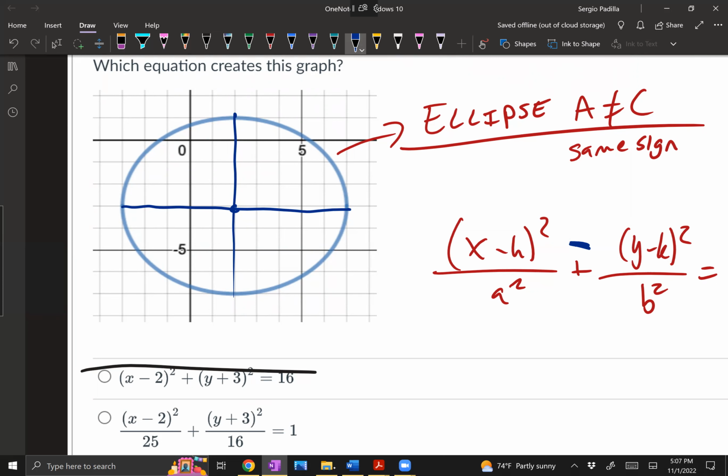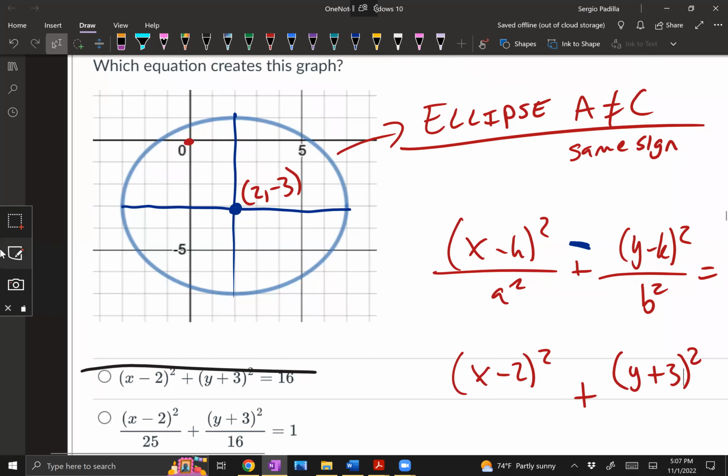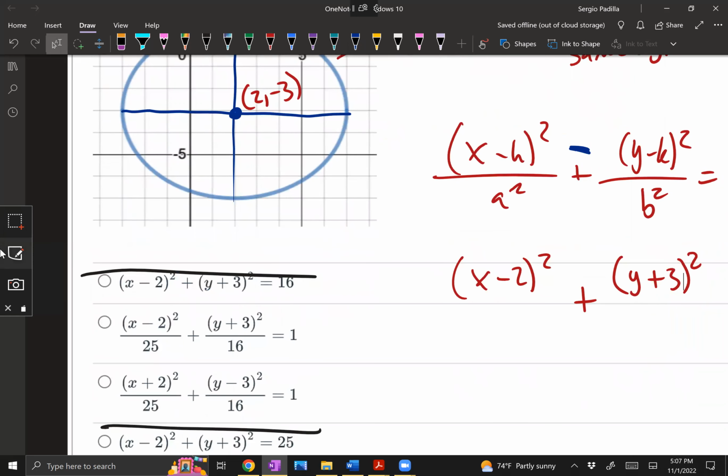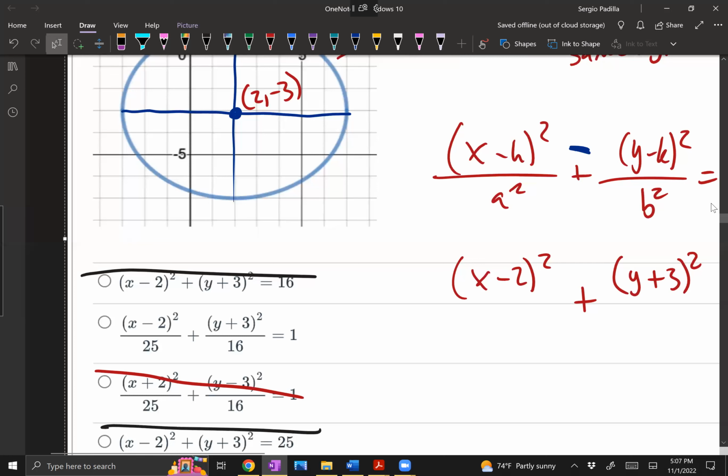The x and the y are always opposite in these, for both of them. So right away, we already have our answer. I don't even have to finish doing this problem because I can already tell that this is not it, because this one has x plus 2 squared, which is not what we're looking for here. Yeah, and so this would be our guy.